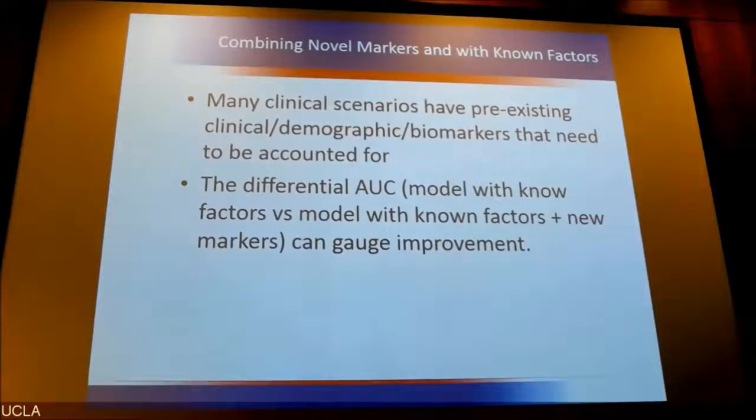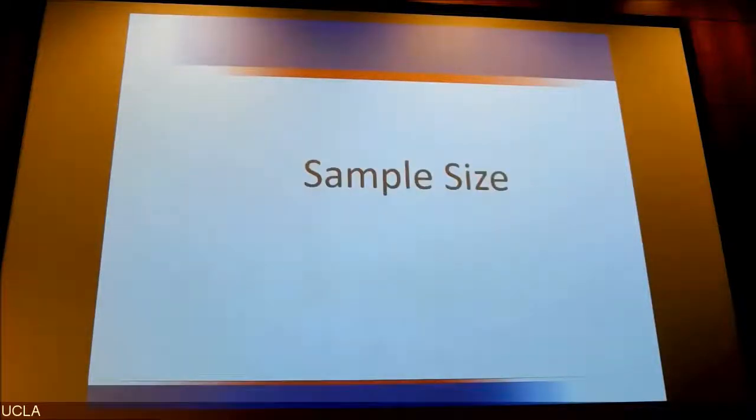But in order to do that, we have to include those factors in the model and see what really measures the added value of our new things over and above what has been previously done. So often a measure of success is the differential AUC, the AUC of the combined model versus the AUC of the model without the new biomarkers of interest.